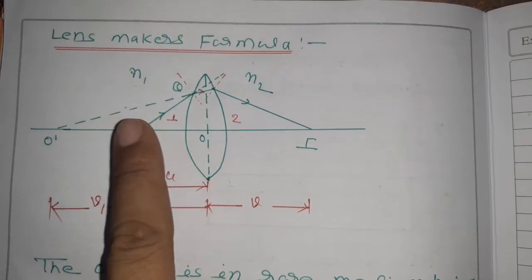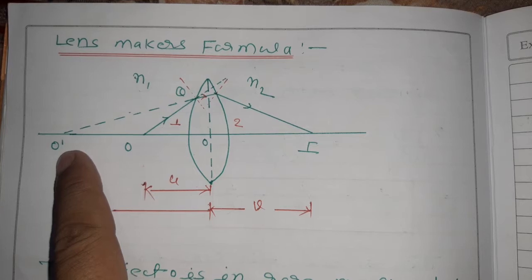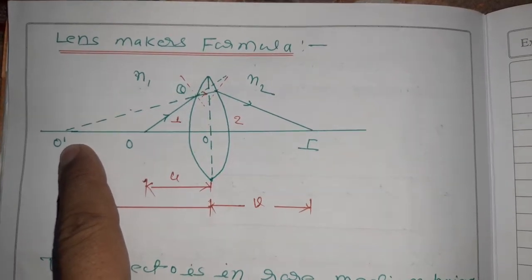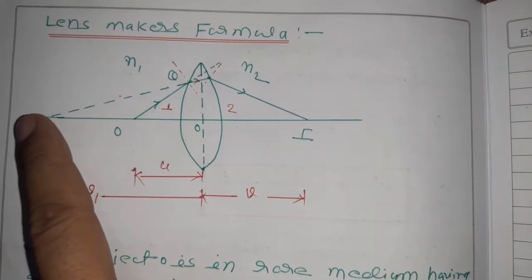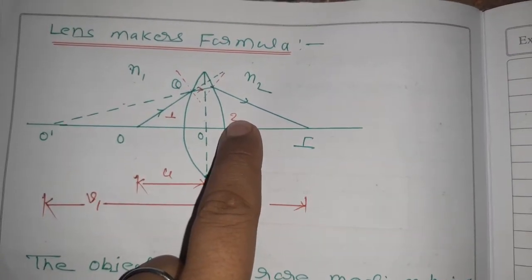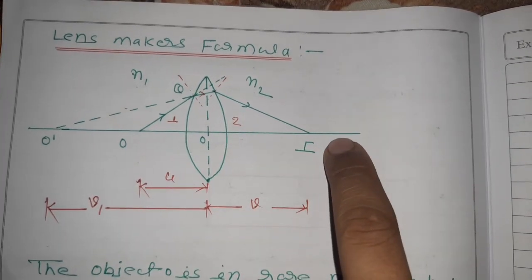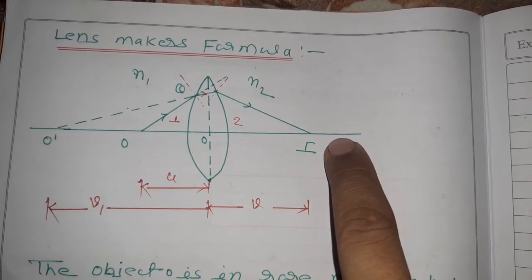After that this image O dash will behave as the object for the second spherical surface, whose final image is at this point, that is I.